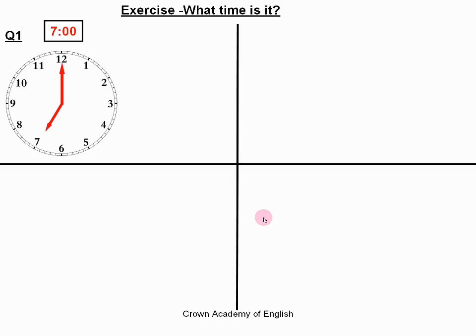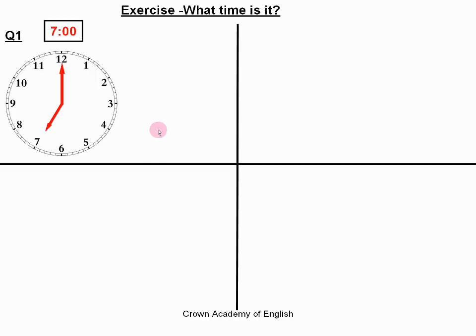Okay, so now an exercise. I'm going to show you 4 questions, and I want you to tell me what the time is. Okay, so again, remember, this is not how you write the time. I am asking you, how do you say this time? Okay, so I'll give you a couple of seconds.